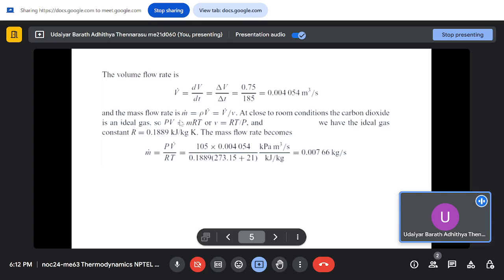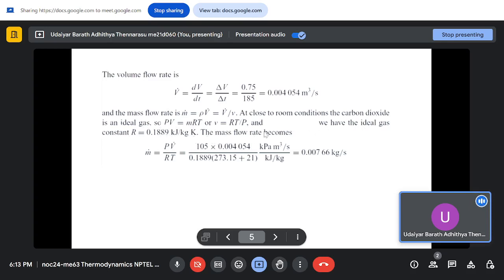Now we can find the mass flow rate. Mass flow rate is nothing but the volume flow rate times density, or you can divide it by specific volume. We assume this carbon dioxide to be an ideal gas. So PV equals MRT, and the specific volume V by M is RT by P. We have the ideal gas constant for CO2 as R equal to 0.1889 kilojoule per kg Kelvin.